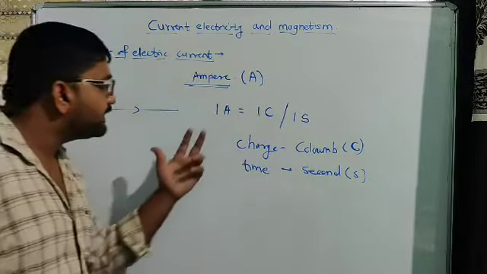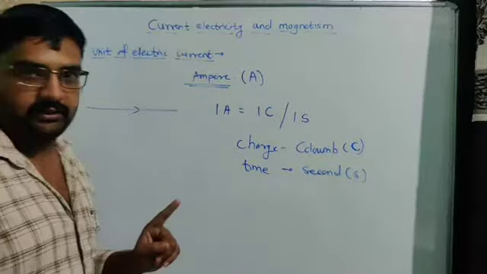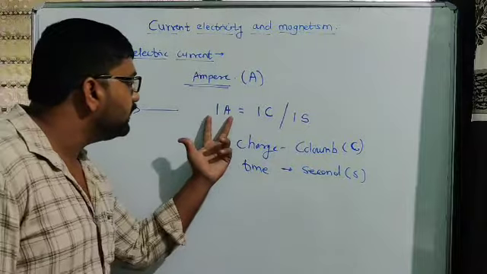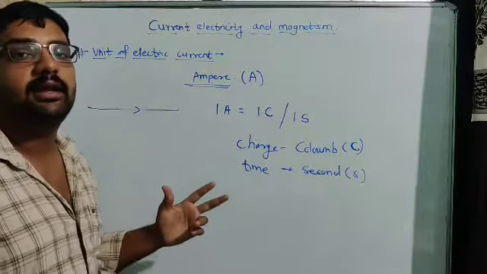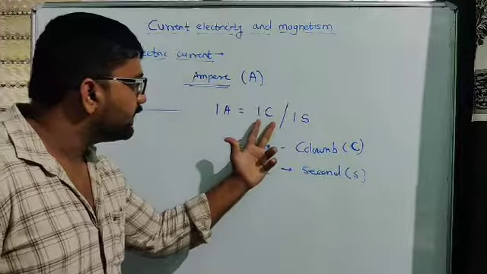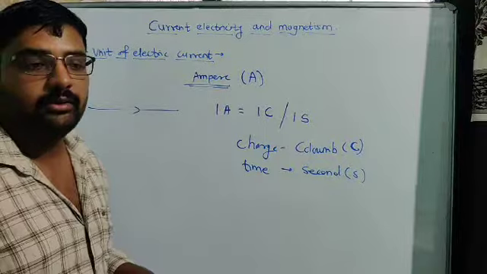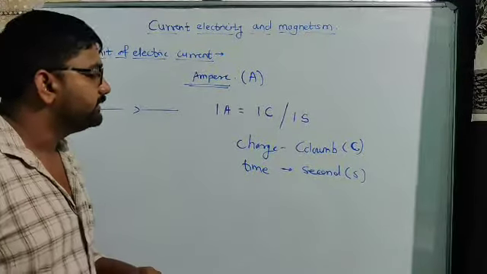Whatever charge passes through a wire in 1 second, that is nothing but 1 ampere of electric current. 1 ampere is 1 coulomb per 1 second.